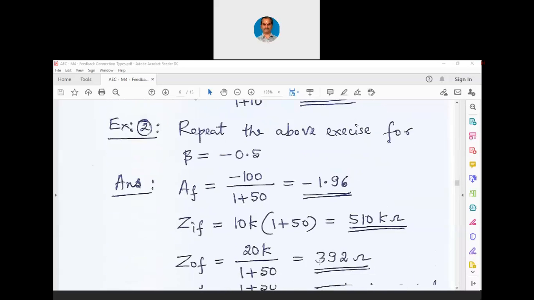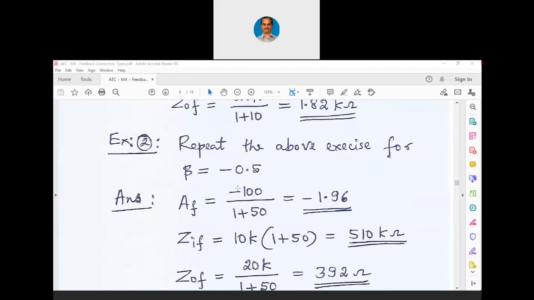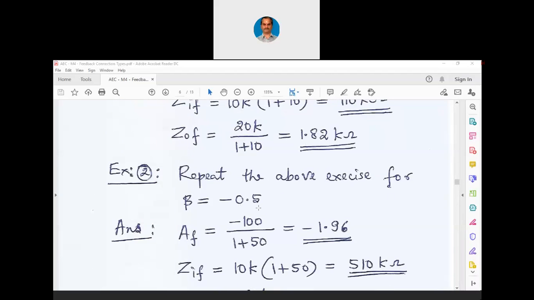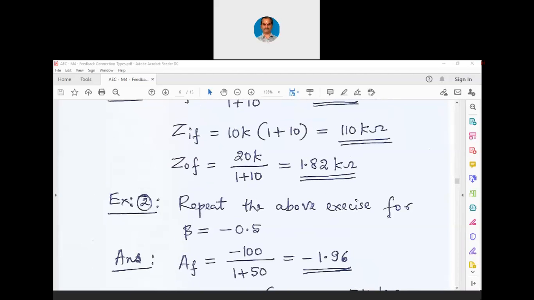Now let us repeat the above exercise for beta equals minus 0.5. Now here beta was 0.1, 10%. Here beta can be 0.5 or 50%, which means 50% of the output is taken back as the input. So it is 0.5 now.